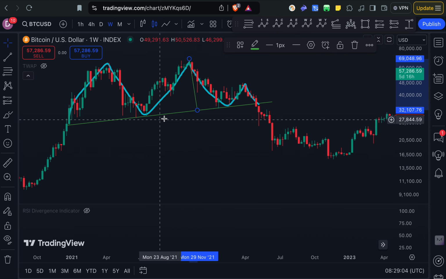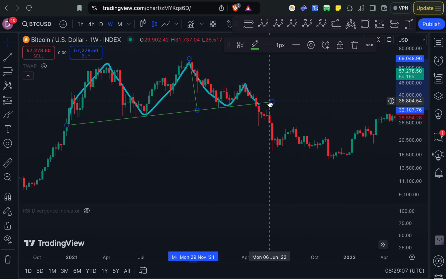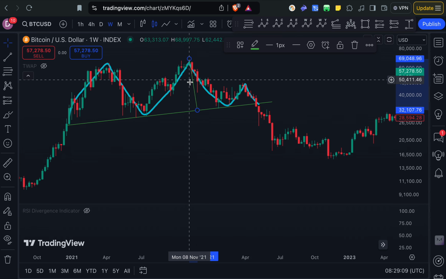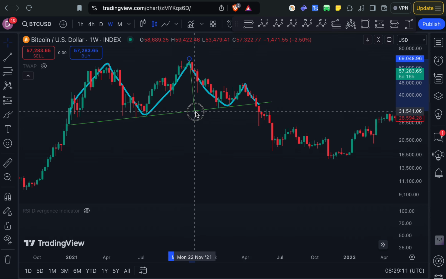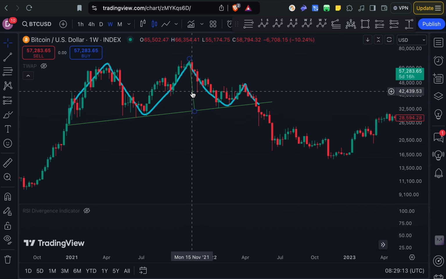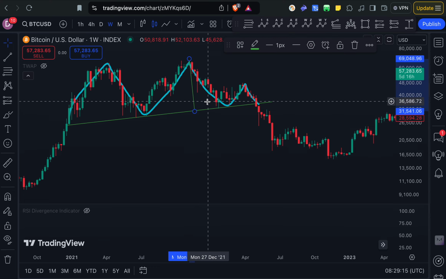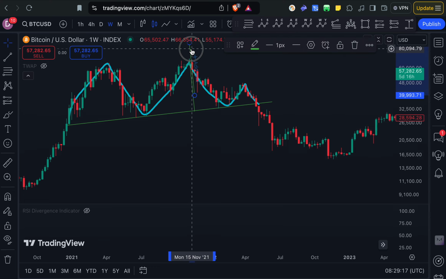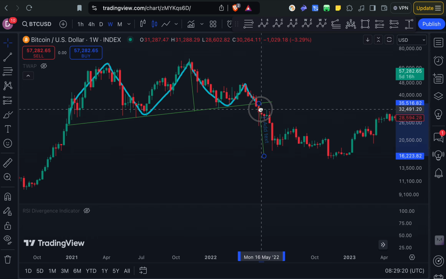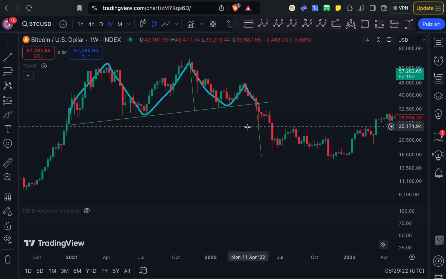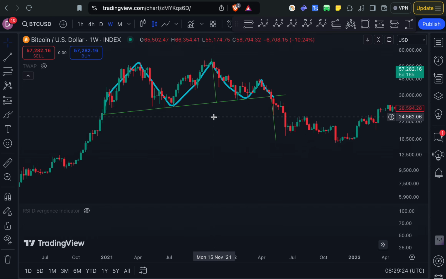Now, because the neckline is a little bit angled, we had to have an angled line to the neckline here. And once it is roughly correct, you simply copy the line and take it to the breakout level here to analyze how low the asset will go.